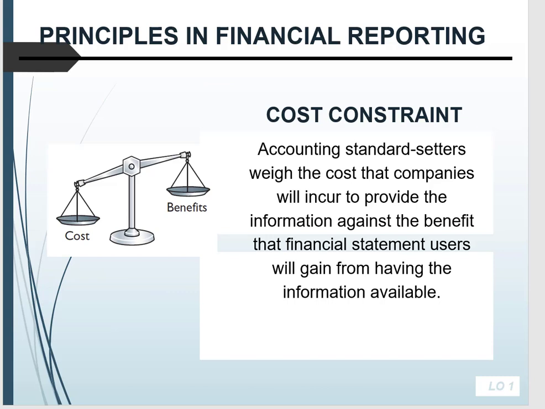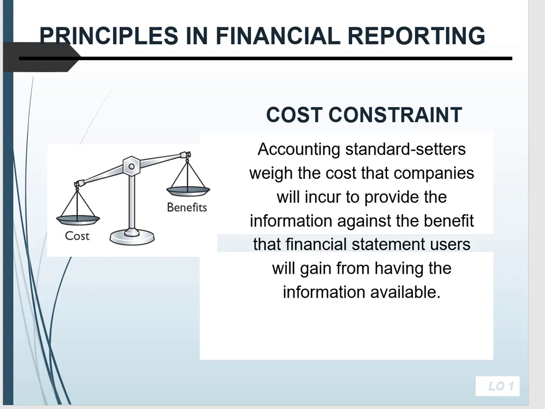And finally, we have something they refer to as the cost constraint, right? Essentially, these regulators that set the rules weigh the cost the companies would incur to provide the information against the benefit.